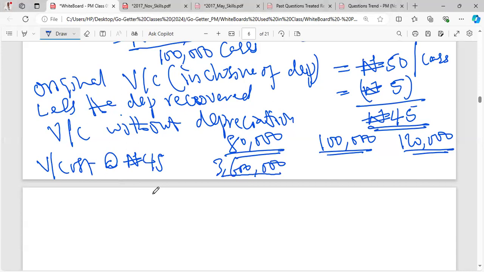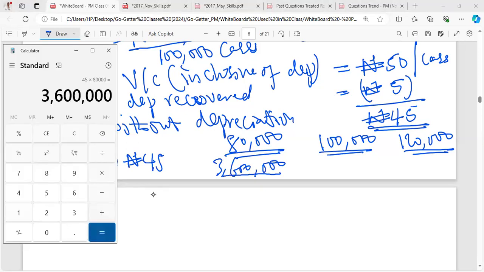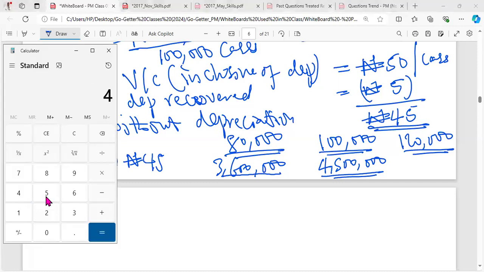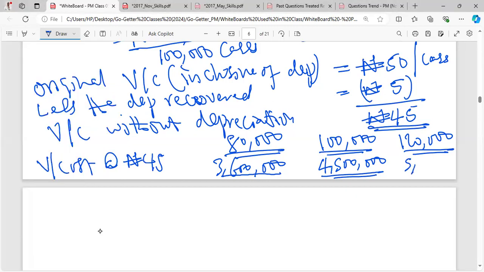We have 45 multiplied by 100,000, which gives 4,500,000, as against the 5 million that was given there. Then for 120,000, 45 multiplied by 120,000 is 5,400,000.